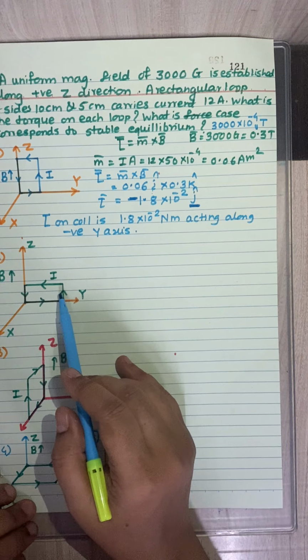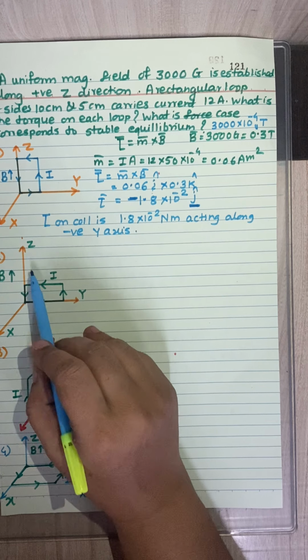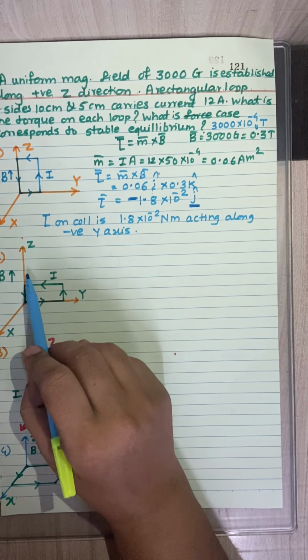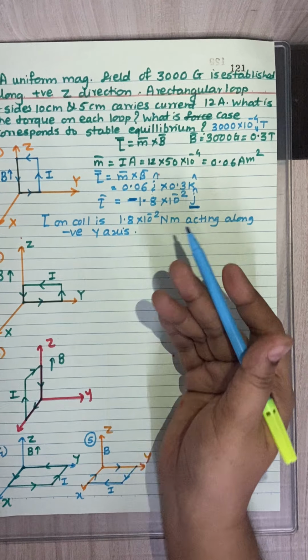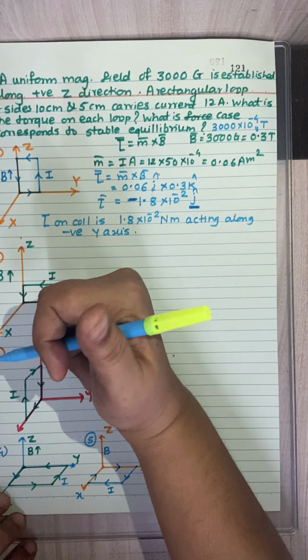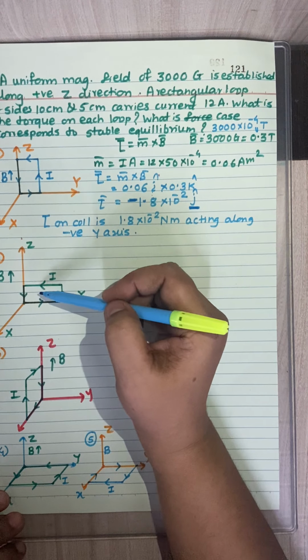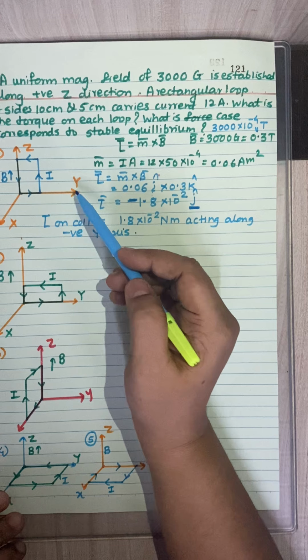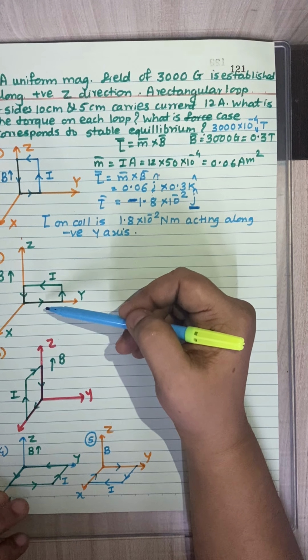Now this is the second case. In the second case they have given that the coil is kept along the y and z axis, and the current is again flowing in the anti-clockwise manner. So only the position of the coil is changed, but the plane of the coil lies between the z and y axis only. So what will happen now?